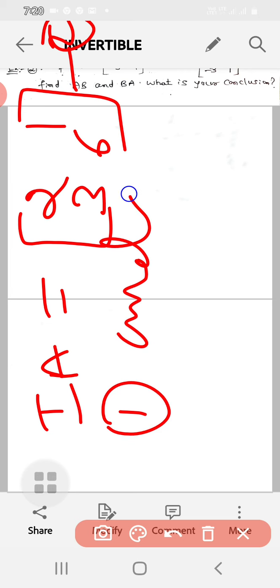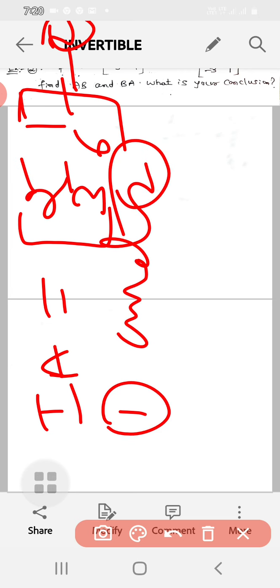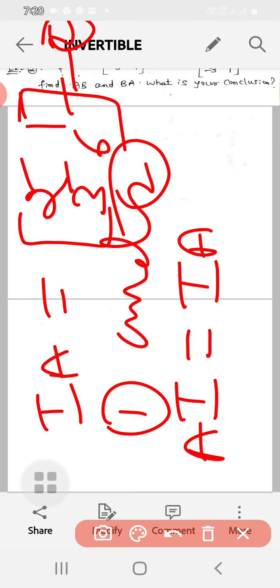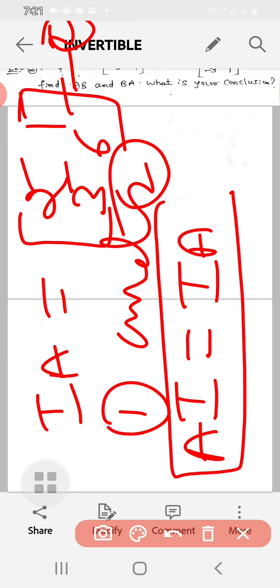By comparing equations 1 and 2, we got the same matrices. So AI is equal to IA, which is nothing but the given matrix itself.